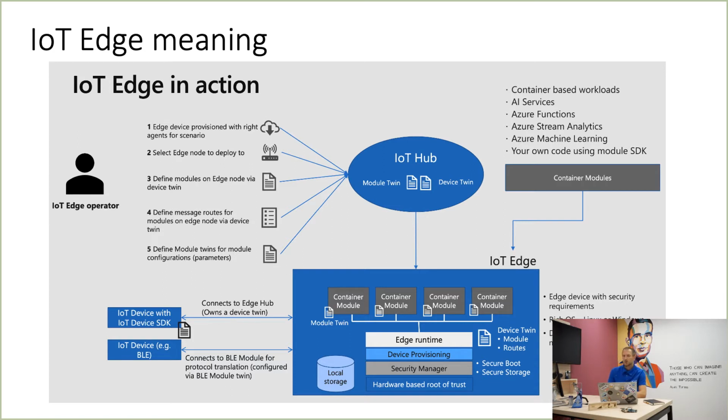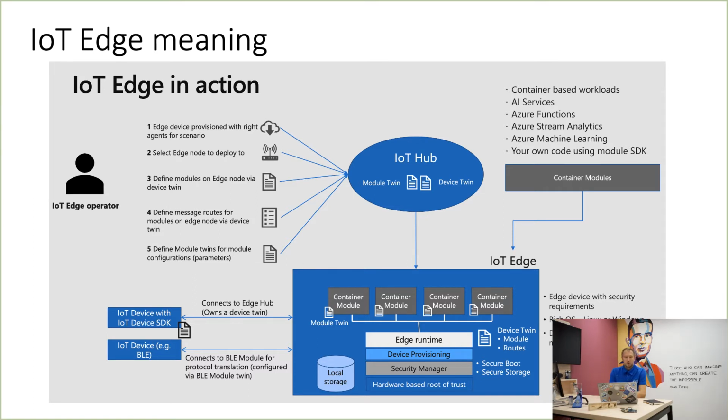Personally, I strongly recommend using Security Manager on site, and you can secure boot and your storage on your device. And the last one, but not least: if you have many different devices and you would like to cover all of them by one standard of communication, IoT Edge can do it, and you can grab all your devices in one standard of communication and use these devices in the cloud.